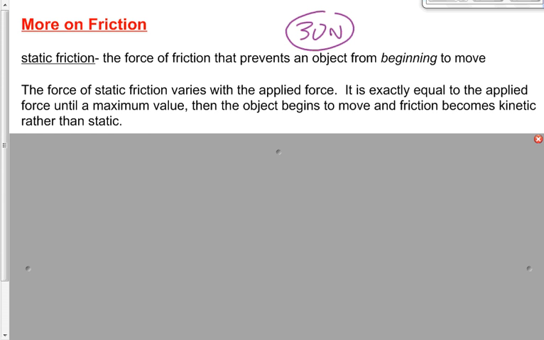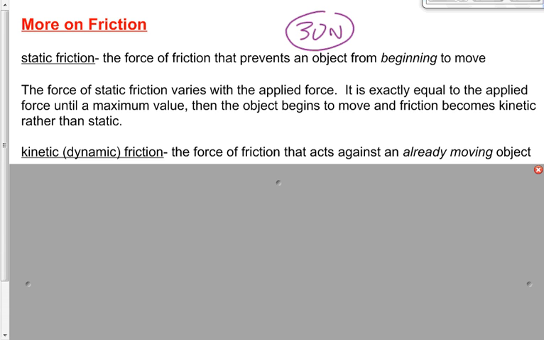They're just really, really lazy. But then there's some students that work, but they work only as hard as they need to work. Static friction is kind of like those students. It works, it does what it needs to do, but nothing more. If it only needs to be 10 newtons, it's only going to be 10 newtons. If it only needs to be 29, it's only going to be 29. It only does what it needs to do.